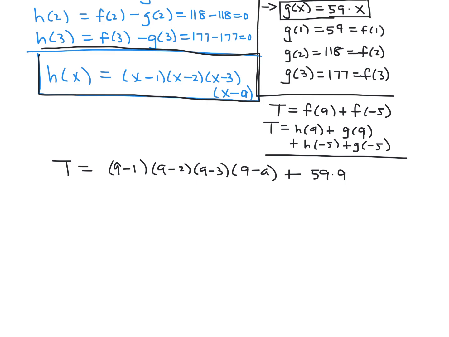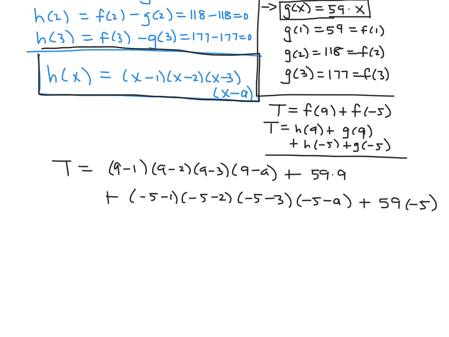Okay, that's pretty easy. And then h at negative 5 would be negative 5 minus 1 times negative 5 minus 2 times negative 5 minus 3 times negative 5 minus a, plus 59, which is g at negative 5, is 59 times negative 5. Okay. My hope is that the a's somehow cancel, but let's see what happens.